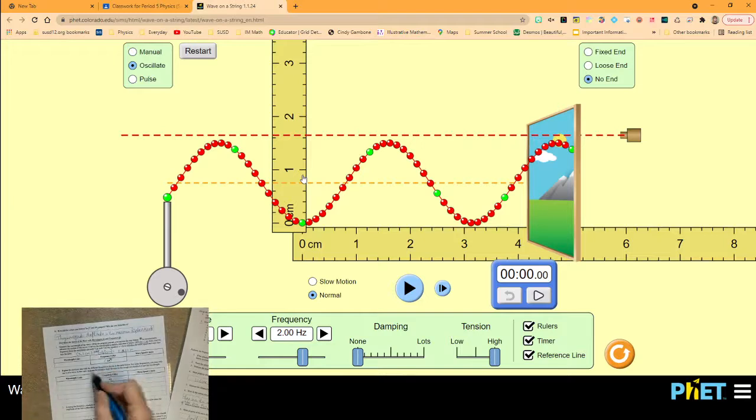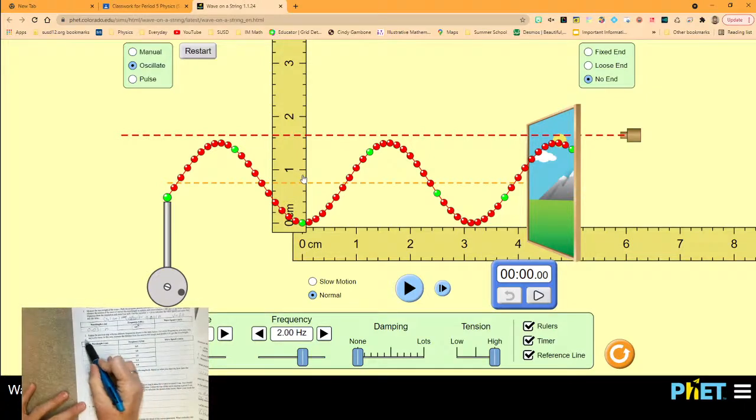I converted from centimeters to meters, and I'll enter that wavelength here. And now to find the wave speed, remember the speed of the wave equals the frequency times the wavelength. So multiply the wavelength with the frequency to get the speed of the wave. I'll let you do that yourself.